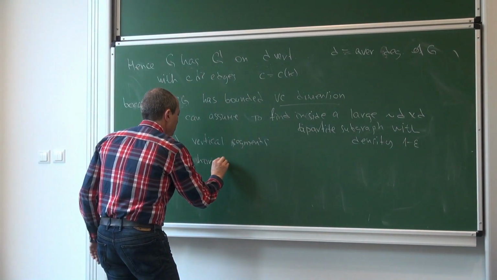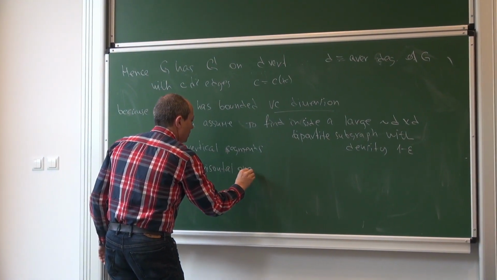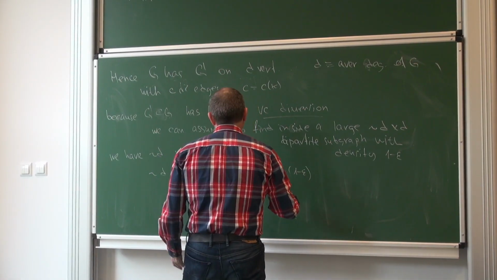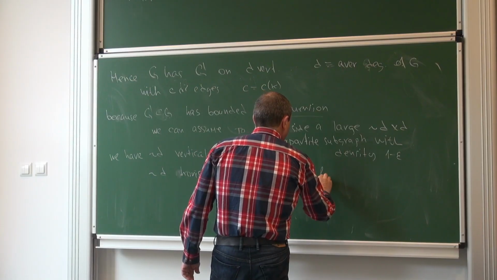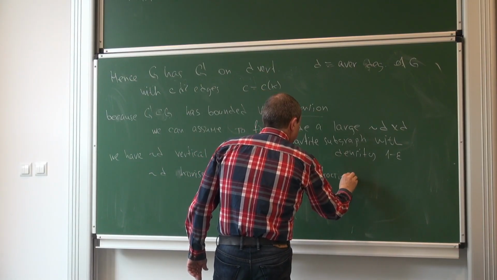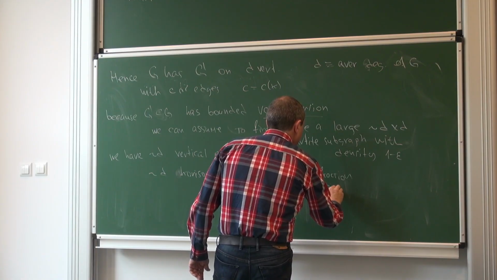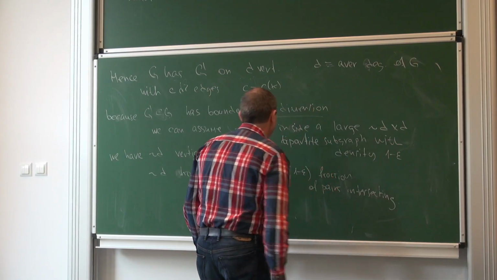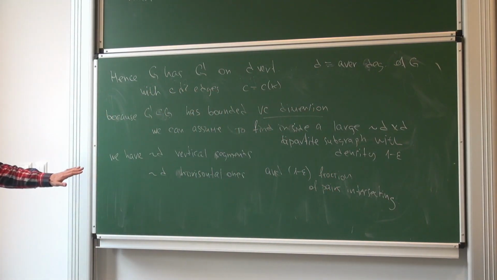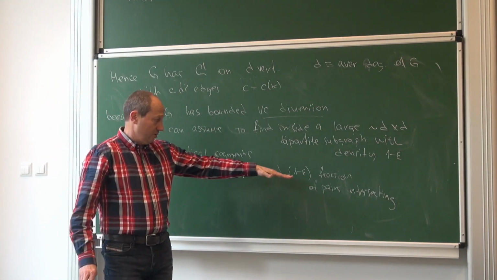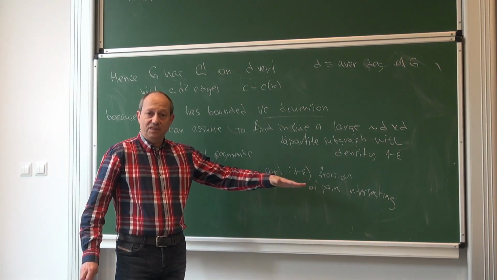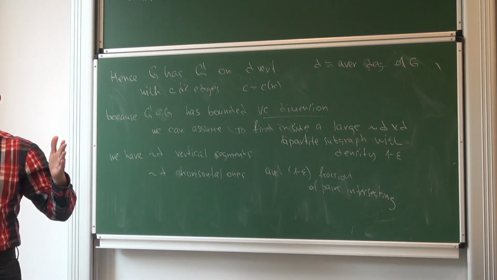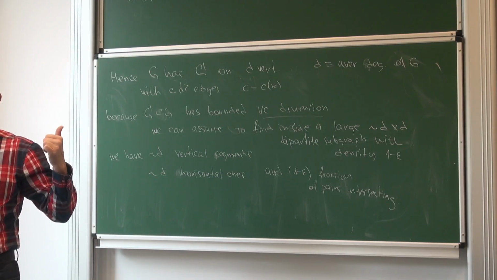And a 1 minus epsilon fraction of pairs intersecting. Okay. And now I claim that, so observe, this thing has density 1 minus epsilon, a bipartite graph, vertical versus horizontal, and I claim that I can find inside a linear subgraph which is complete.